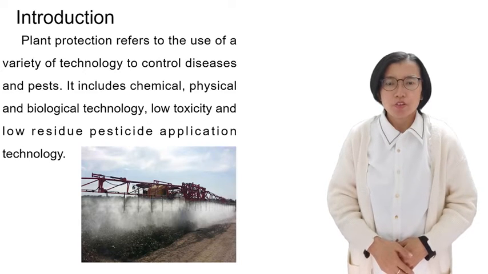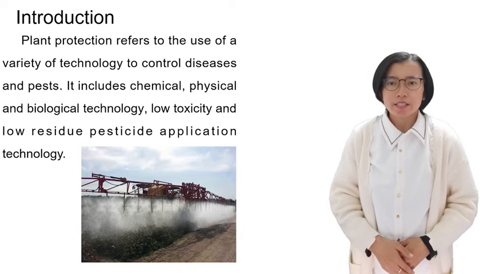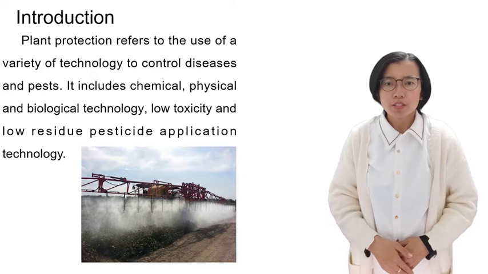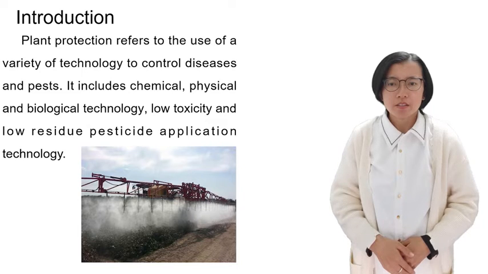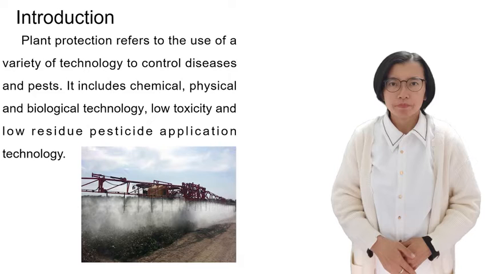Plant protection refers to the use of a variety of technology to control disease and pests. It includes chemical, physical, and biological technology, and low toxicity and low residue pesticide application technology, so as to control the disease and insect pests, reduce soil pollution, ensure the safety of agricultural products and the environment, and achieve the purpose of sustainable agricultural development.